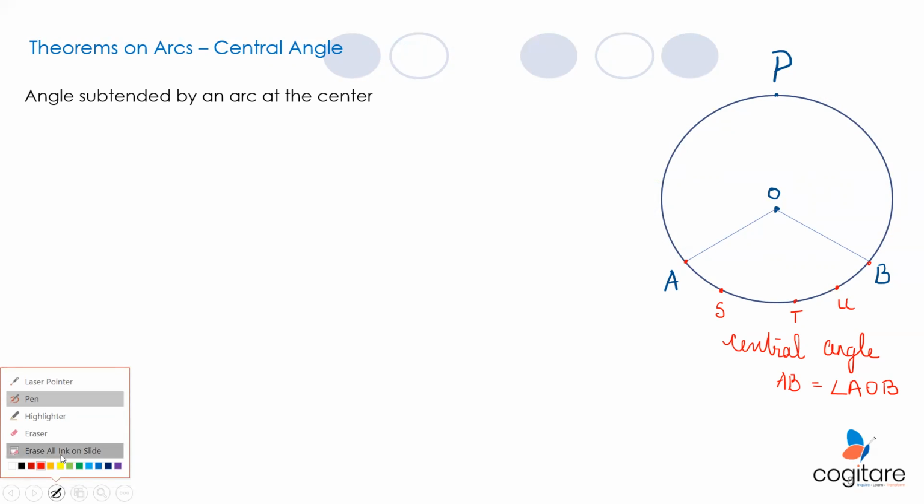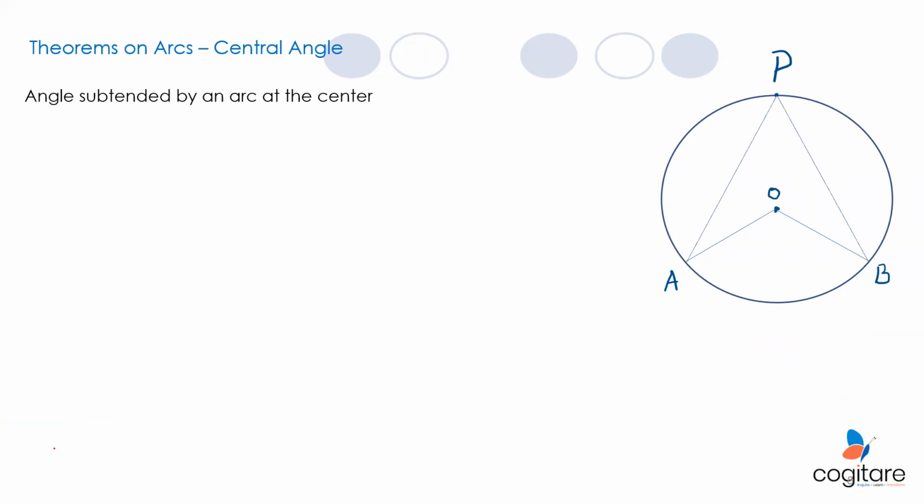So I've picked a point P that is not on the arc, but it's on the circumference of the circle. What we are interested in is to find the measure of angle APB in relation to the central angle. Fine, let's find that out.